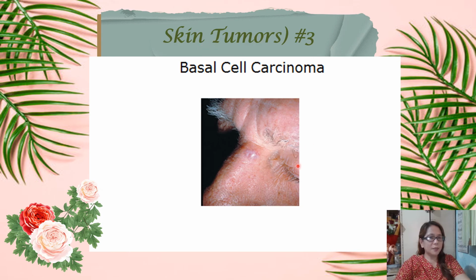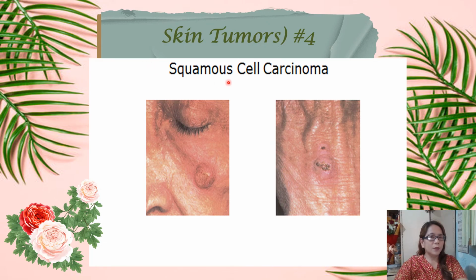Okay, this is the presentation of basal cell carcinoma. This is a malignancy that grows slowly and seldom metastasizes. Okay, this is common in fair-skinned adults, 40 years old and older.